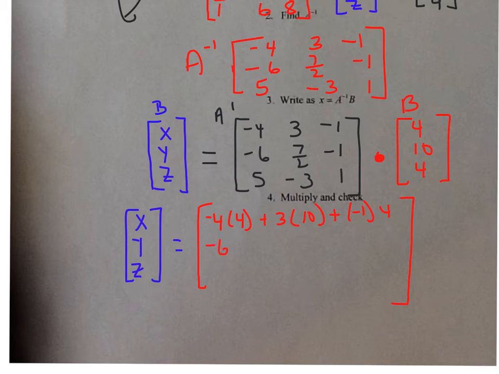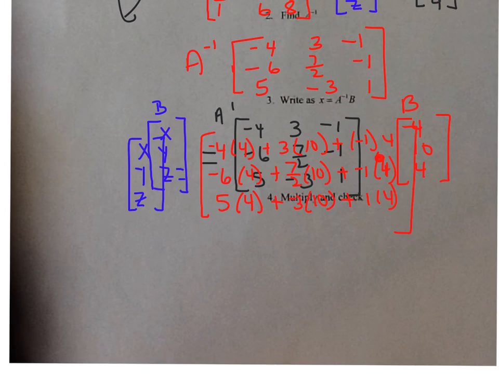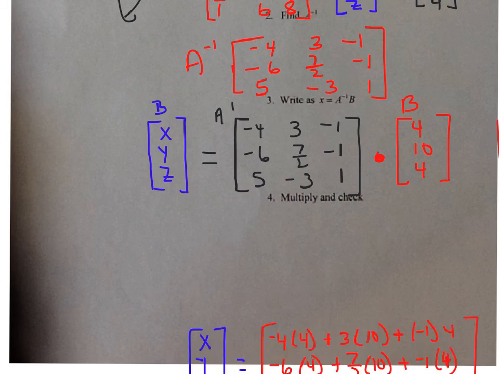Then it's -6 times 4 plus 7/2 times 10 plus -1 times 4. And then it's 5 times 4 plus negative 3 times 10 plus 1 times 4. So I'm just going to move everything up a little bit.